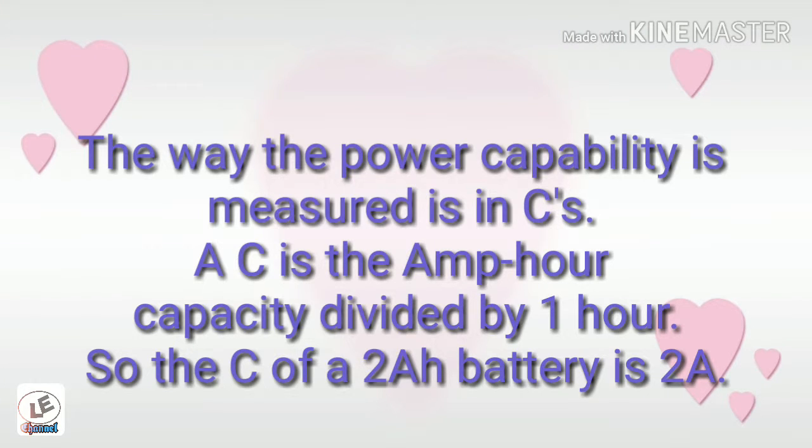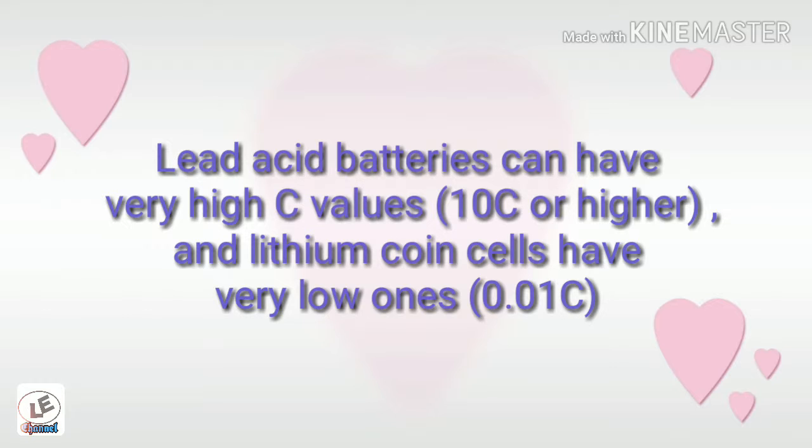So C is the amp hour capacity divided by 1 hour. For example, for a 2 Ah battery, C is 2 amps. Now lead acid batteries can have higher values of C, that is 10 C or higher, and lithium coin cells can have very low C values, that is 0.01 C.